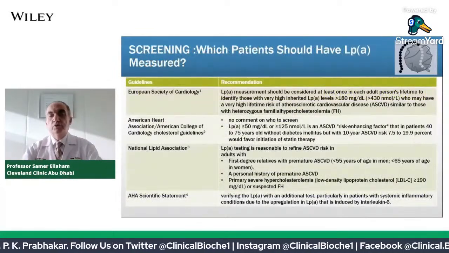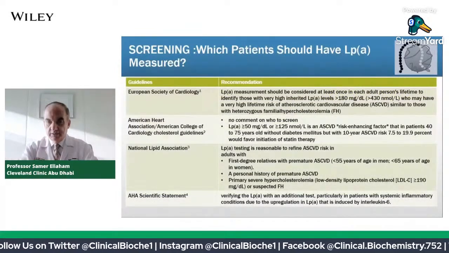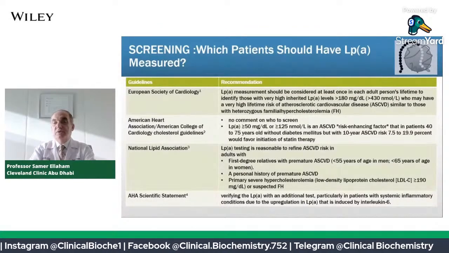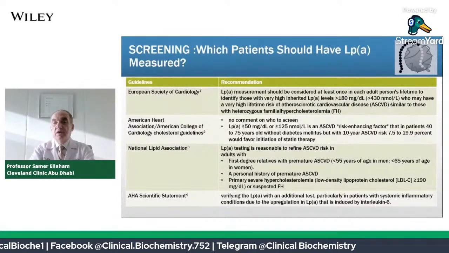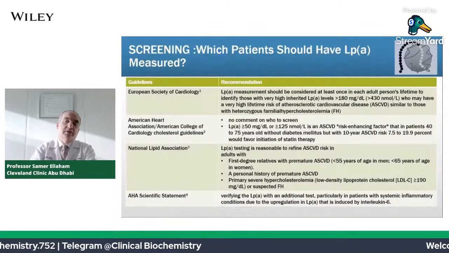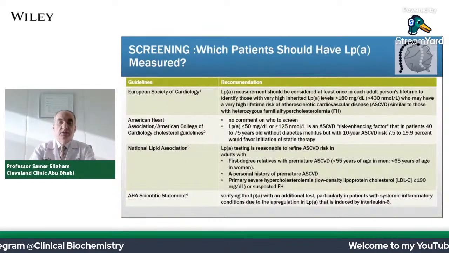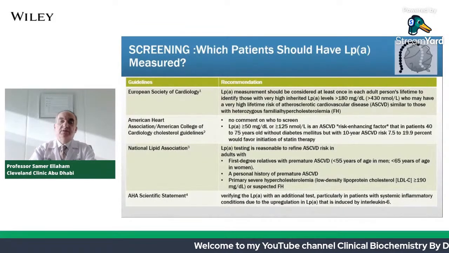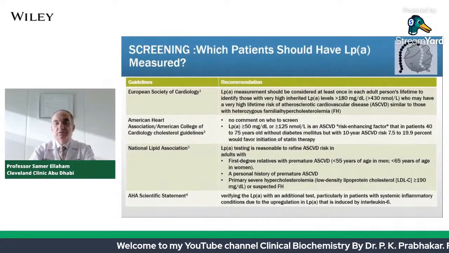Now, what does the European Society of Cardiology recommend? Something very interesting. Number one, they recommend to have it at least once in a lifetime, and we recommend to do it for an adult, so maybe after puberty, or even sooner according to some pediatric guidelines that are beyond the scope of our discussion today.